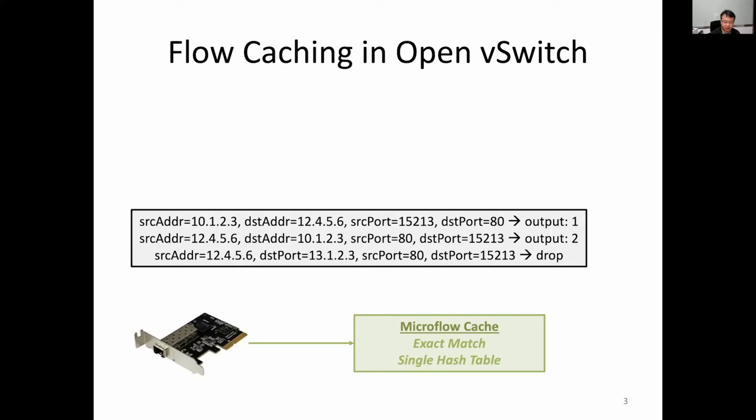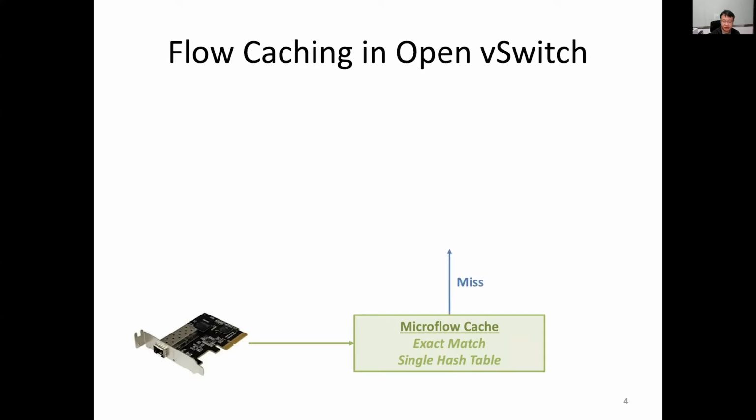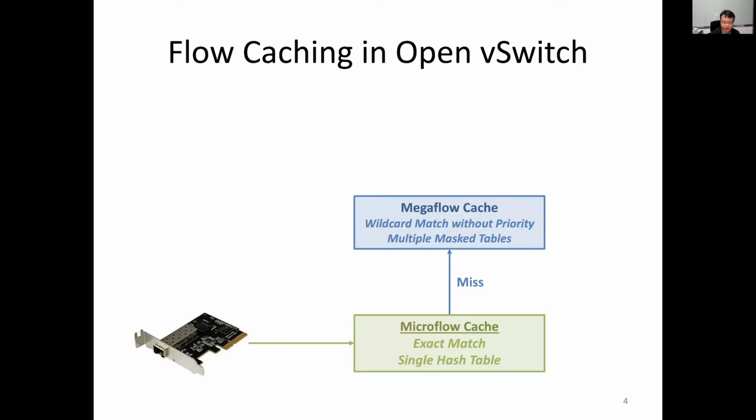If the packet is missed from the microflow cache, it will then be looked up in the megaflow cache. This megaflow cache does wildcard match but without priority, and it is implemented with multiple masked cache tables.